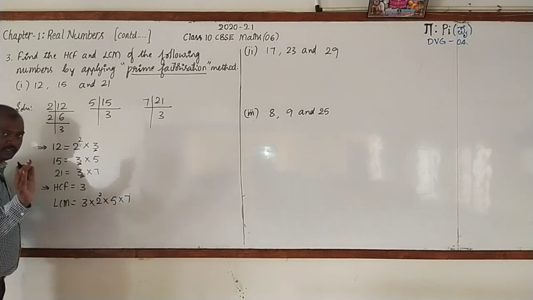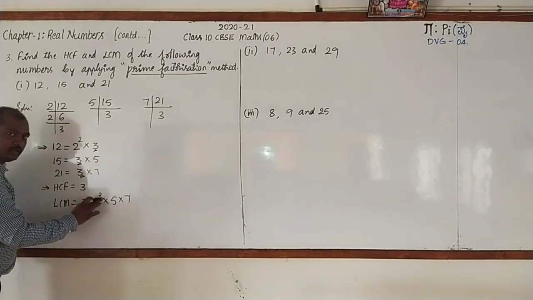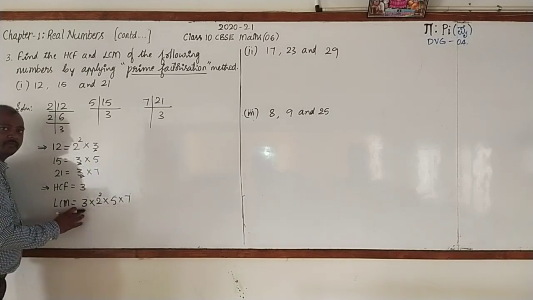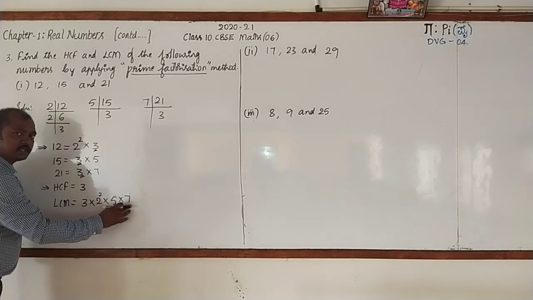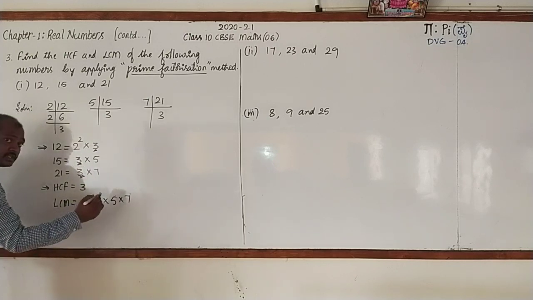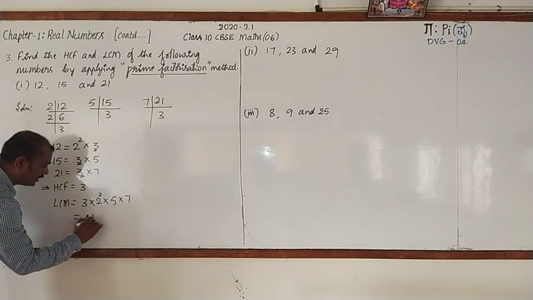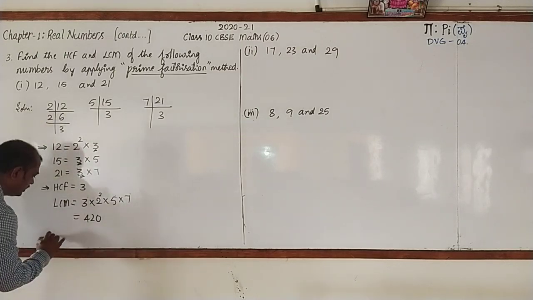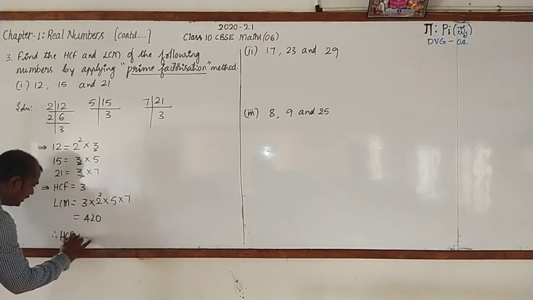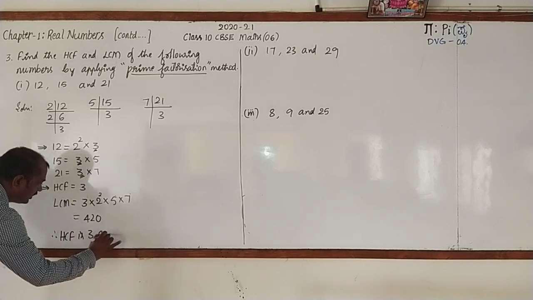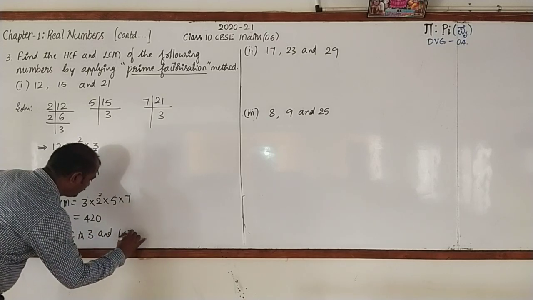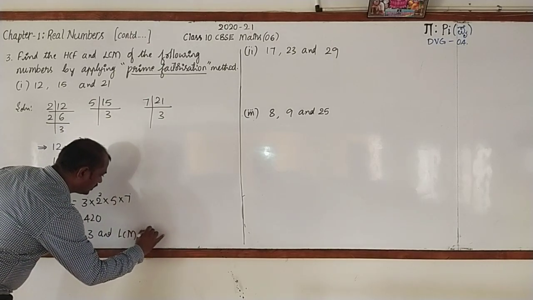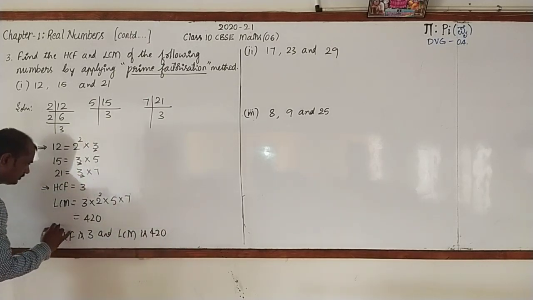You just go for the easy method where such possibilities are there. See that? I tell you in a simple way. What is 2 square? 4. 4 fives are 20. 20 threes are 60. 60 sevens are 420. Clear? This is so simple. Therefore, HCF is 3 and LCM is 420.